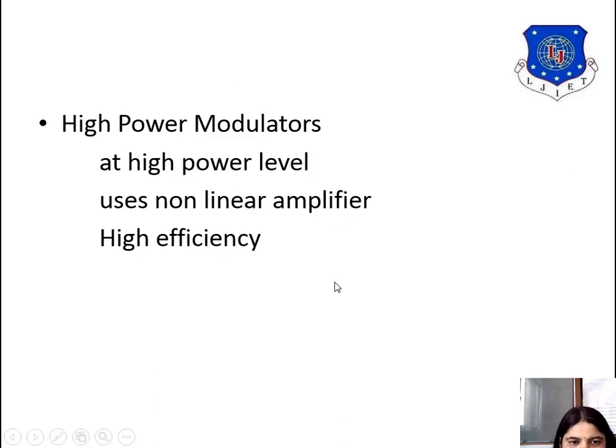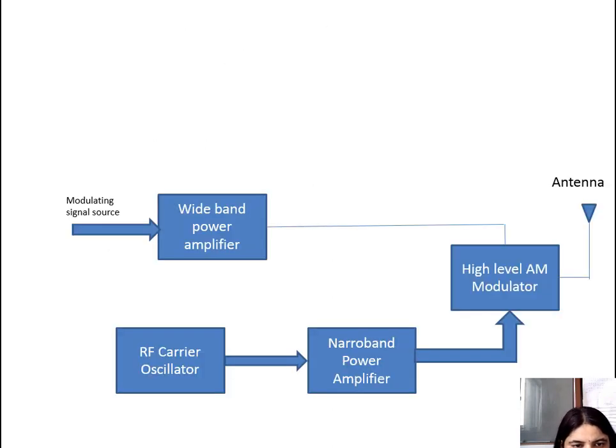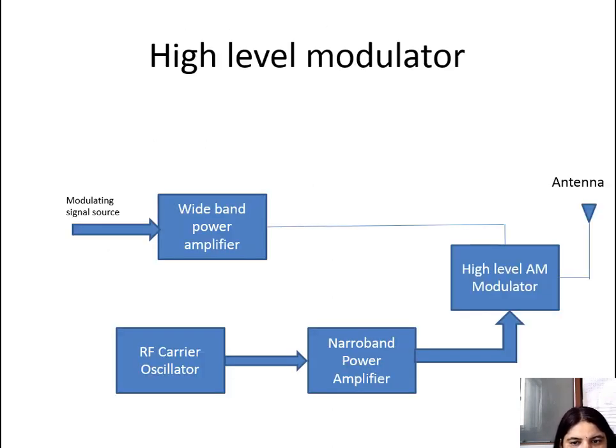Next is the high power modulator. At high power level it uses a non-linear amplifier and provides higher efficiency. Here in the block diagram of the high level modulator, we have the modulating signal and the RF carrier oscillator. Both signals are first amplified. After amplification, the amplitude modulator produces the amplitude modulated output.